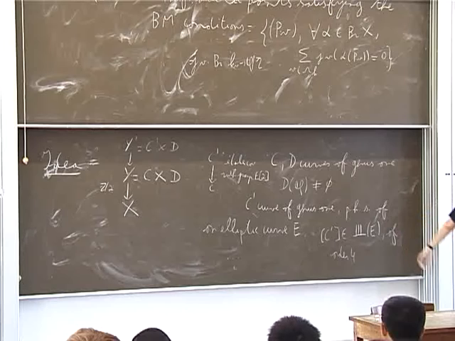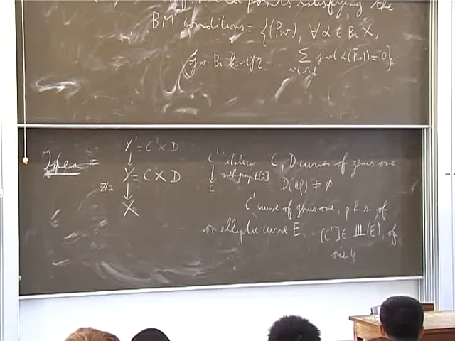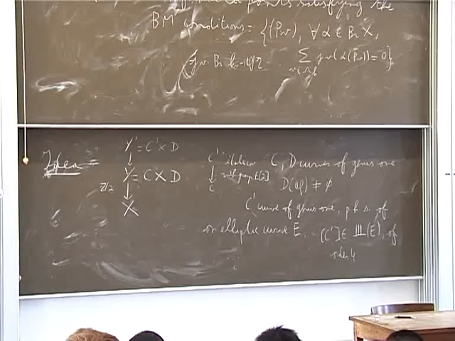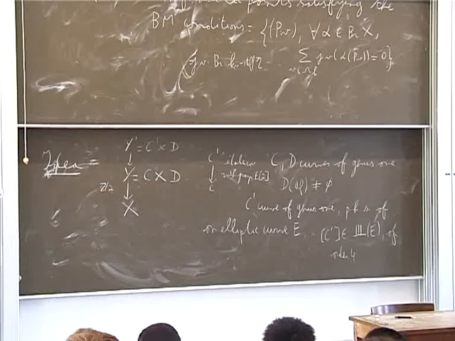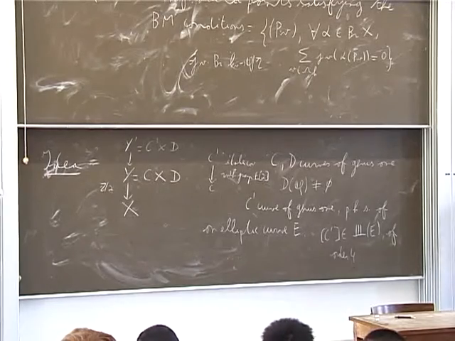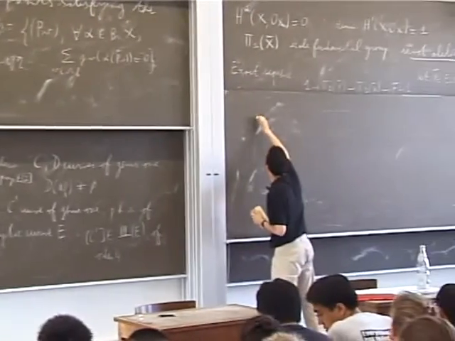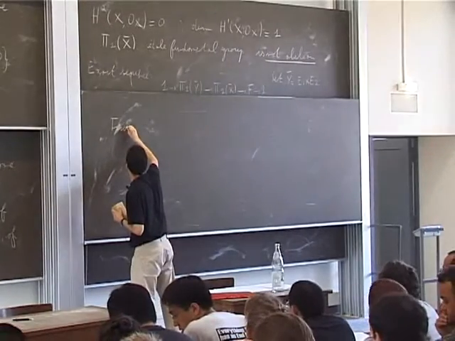I could write torsor instead of principal homogeneous space. Just a twisted form of the elliptic curve E. So there are two steps in the proof.